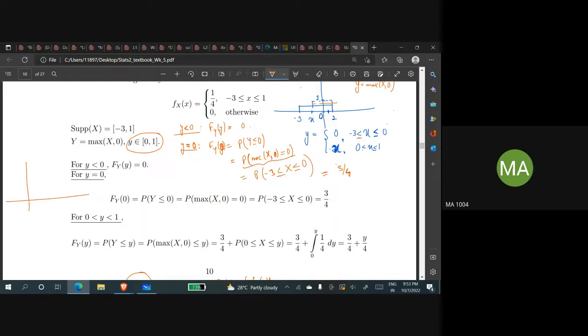at 0, there will be a jump. So at 0, you have a jump here.